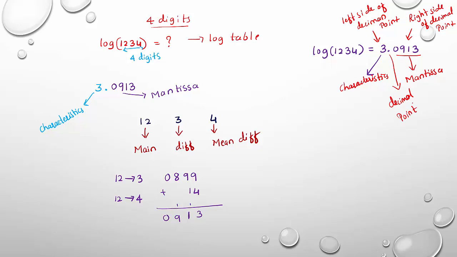Is it clear? So in this way we use the log table to find the value of a given number. I will explain once again. The number is given: log of 1234. Totally there are 4 digits. 4 minus 1 is 3. 3 is called the characteristic. Now we have to find the mantissa. The first 2 digits we observe in the main column and the third digit in the difference column.